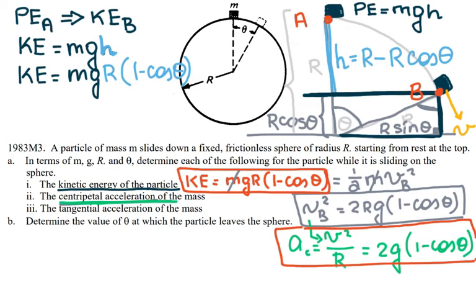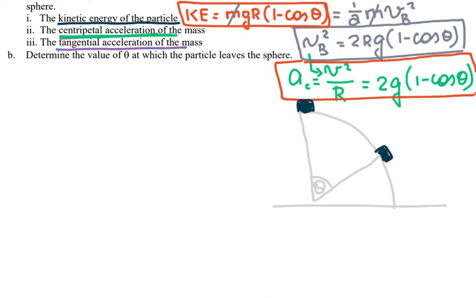And then for the next one, the tangential acceleration of the mass. I redrew the picture of the mass moving along the sphere because I'm going to use something here. But I want to talk about what angular acceleration is before I continue deriving the tangential acceleration.